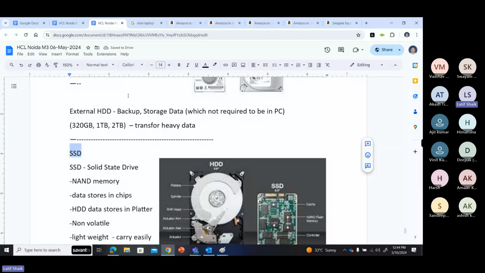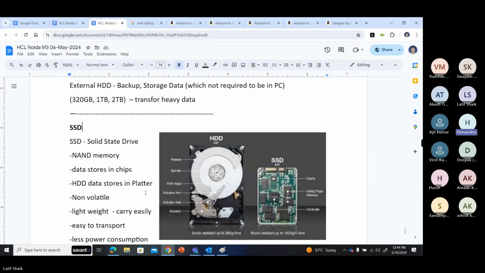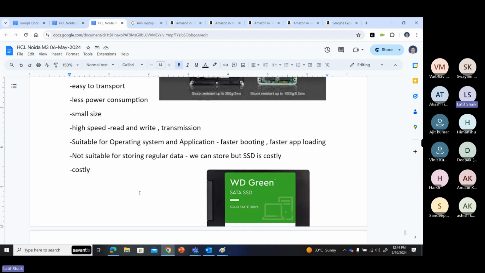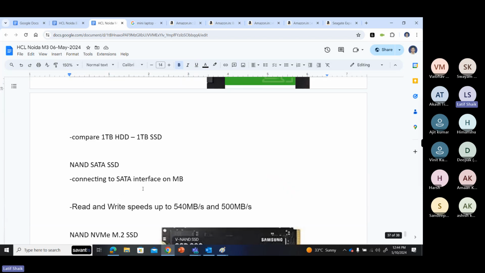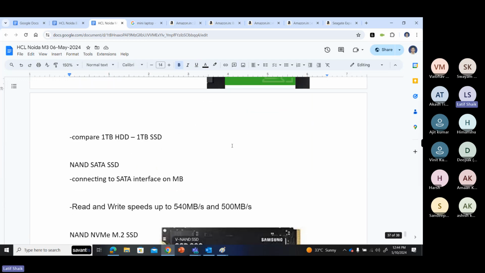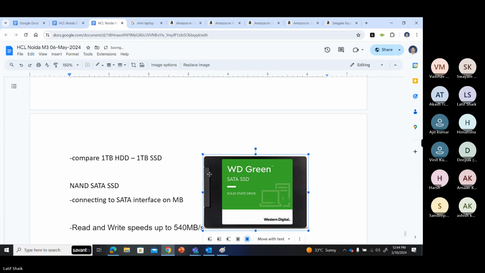Yes, you understand about the hard disk, internal hard disk, external hard disk kind of stuff. So we're going to SSDs because we discussed the hard disk. What are the advantages and disadvantages of this hard disk? Yeah, we'll move from there to here.